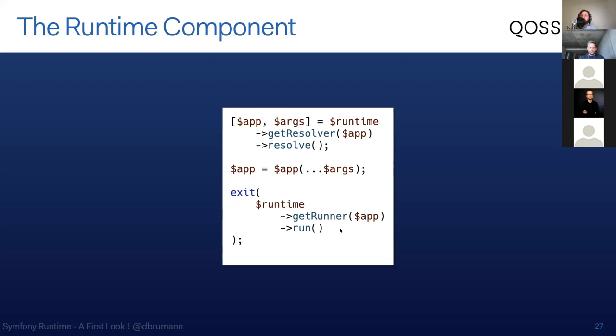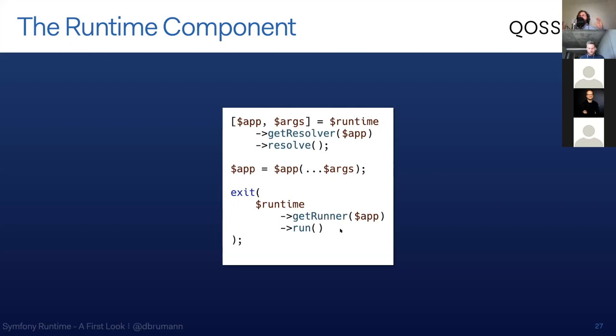So in terms of the index PHP, again, if you have the kernel, you will have to do the kernel handle, you have to send response, all this stuff. This is basically what's done in run. And I know it's super abstract and difficult to get into.